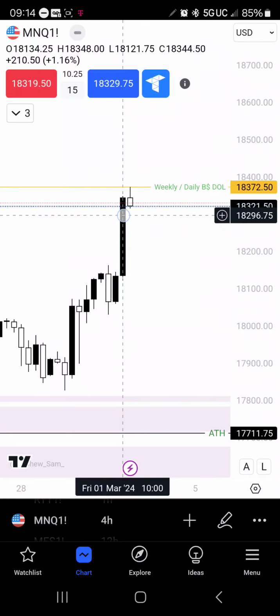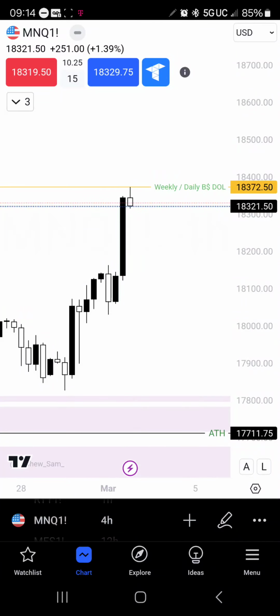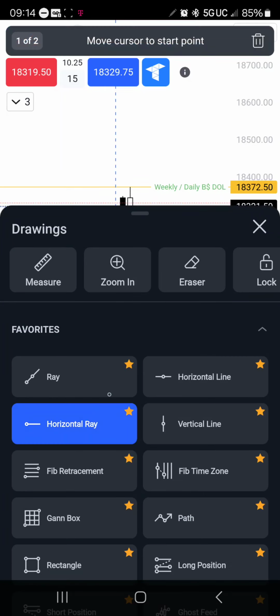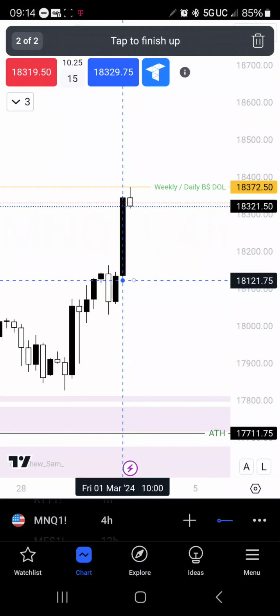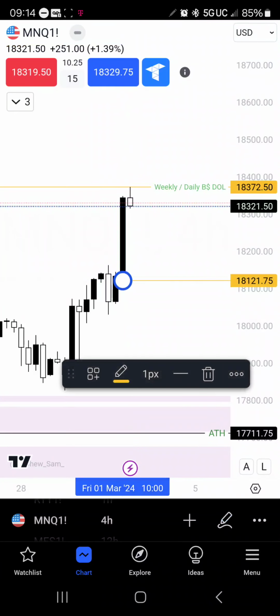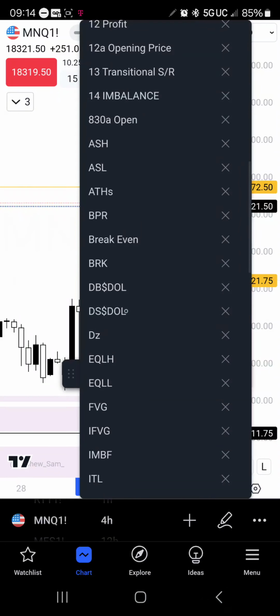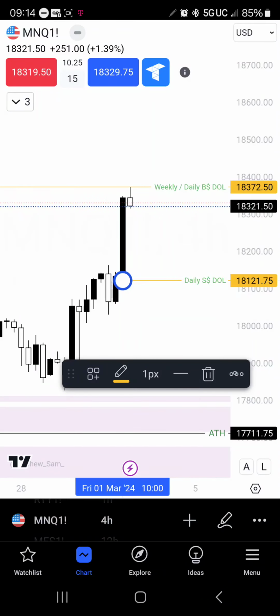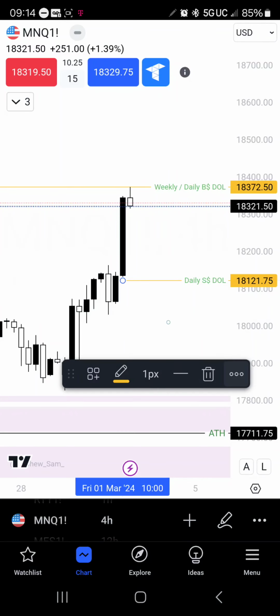It swept the high of the previous 4-hour candle, but it closed below. All right. So I would be looking for price to come down at least to here. Okay. All right. So I'll be looking for price to come down at least to that point.